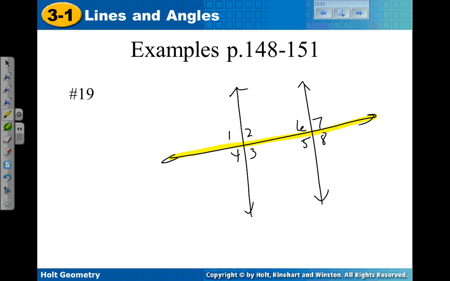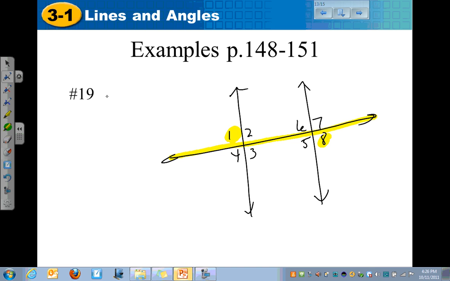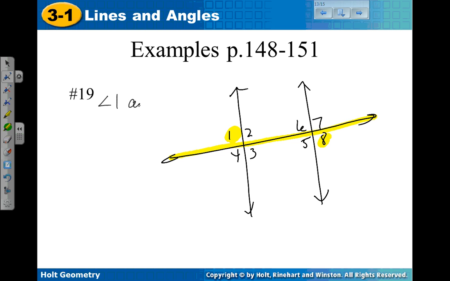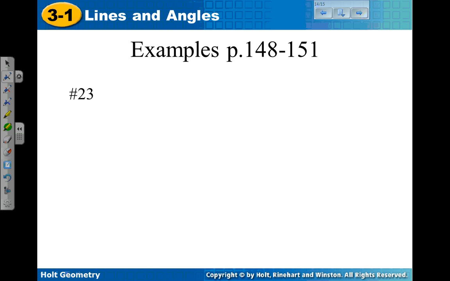Alternate exterior. Well, I could pick angle 1 and angle 8. Those are alternate exterior. So all I write on my answer page is angle 1 and angle 8. So you have some of these to do for your homework, and this is how you do them. Just name the angles.